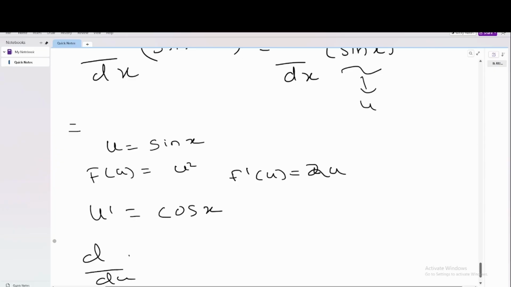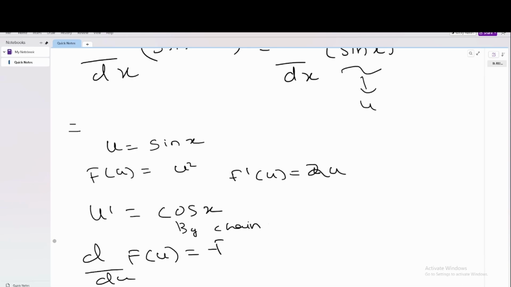By chain rule, the derivative is 2u into u prime, and u prime is cos x.